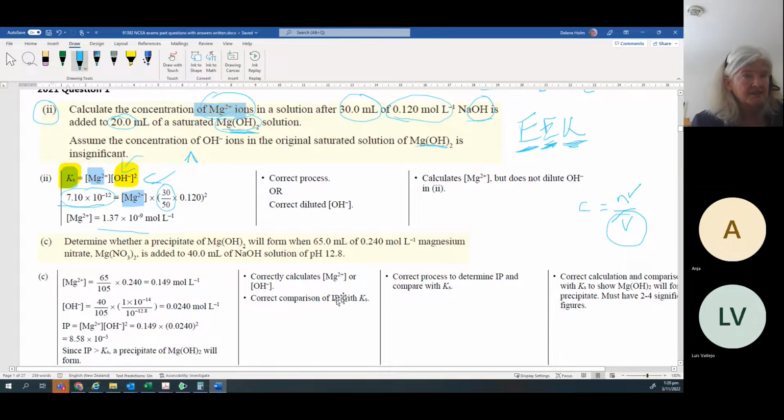Now notice how easy it is to achieve, because if you didn't get the right answer, but you generally got something right, like you had the equation and then the expression, and you did substitute, but you may have forgotten the 30 over 50, you've still got the right idea, although you didn't work out the new concentration.